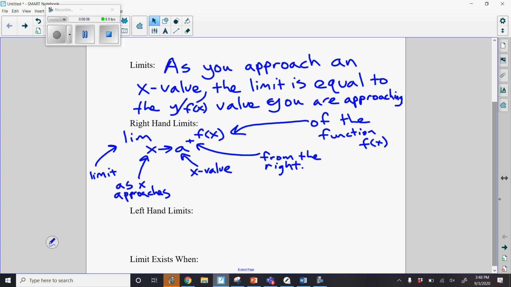So when we see this right-handed limit, we can break down this notation really well and see that this reads the limit as x approaches a from the right of the function f of x.